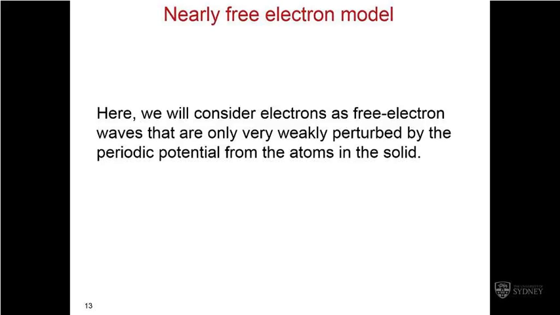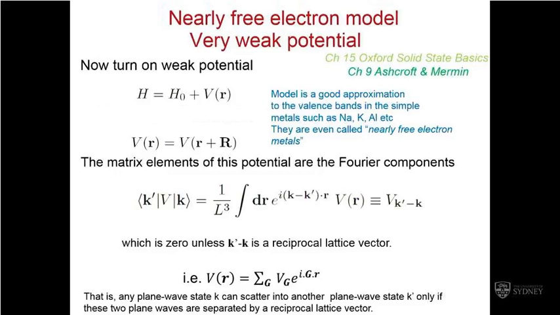So what do we start off with? We start off with a Hamiltonian here, and this is the potential that we introduce. It's very weak. It's also periodic, as indicated by the potential at any given R being equal to that potential in any other unit cell. As I said before, this is a good model for simple metals like sodium, potassium, aluminium, and so on.